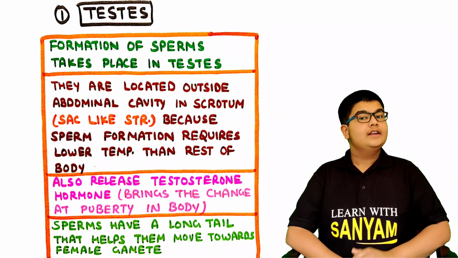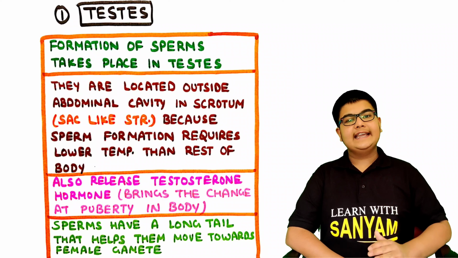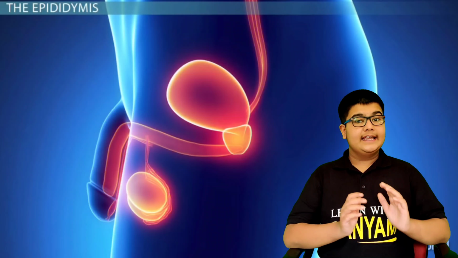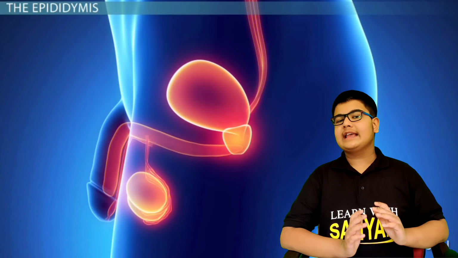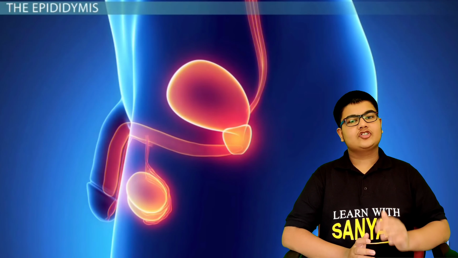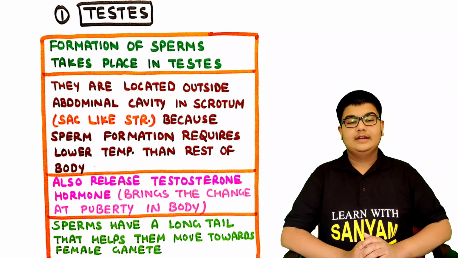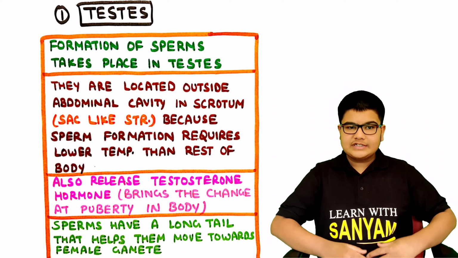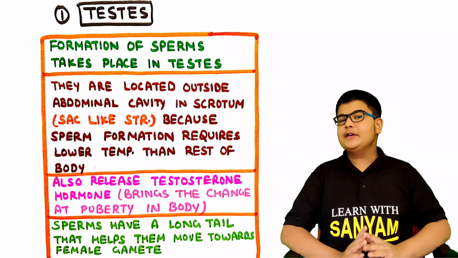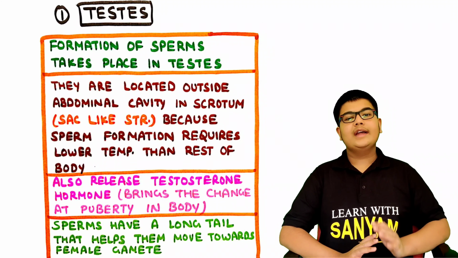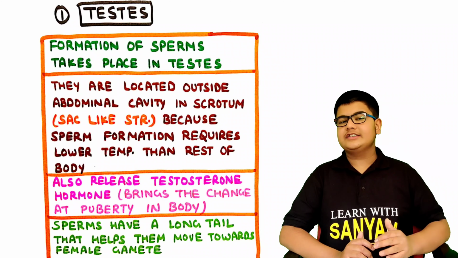First, testes. The formation of sperms takes place in these testes. They are located outside the abdominal cavity in the scrotum, and the scrotum is a sac-like structure. Now, why are they located outside the abdominal cavity? This is because sperm formation requires a lower temperature than the rest of the body.